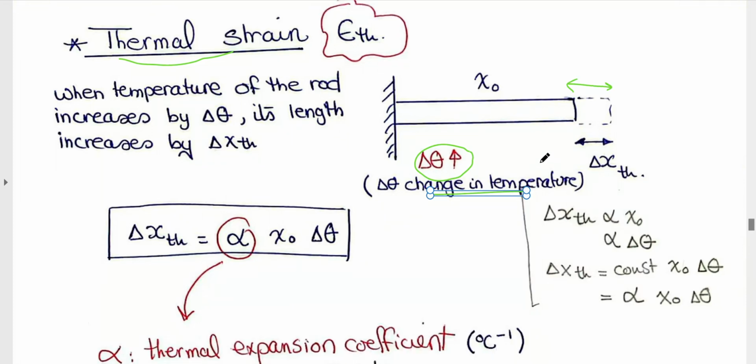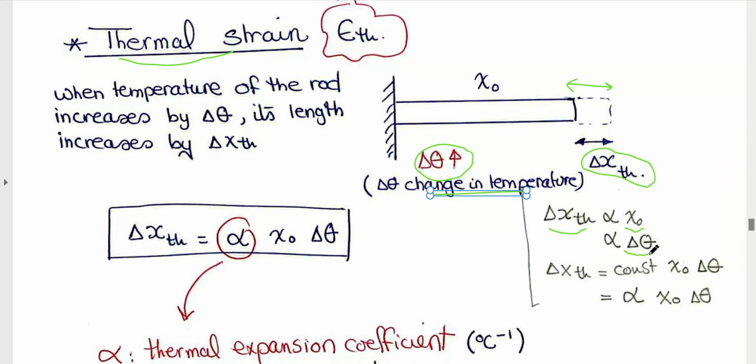We assume that we have this rod with initial length x naught and its temperature is increased by delta theta, and we examine the increase in the length. We will note it by delta x thermal. We found that delta x thermal is proportional to x naught, the initial length of the rod.